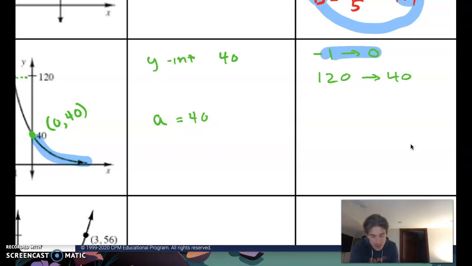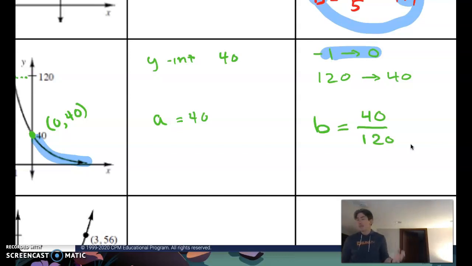And remember, the way we get that multiplier, that B value, is I take 40 and divide it by the term that precedes it. Like I said before, you could write this as 40 over 120, and you'd be fine. Some of you are even going to say, well, Anderson, if I type that into my calculator, that's 0.3 repeating. And if you did that, that would be fine.